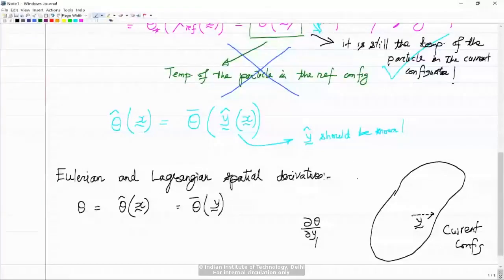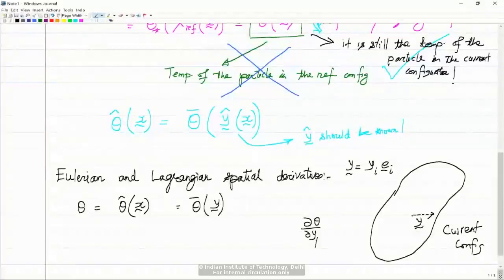If you denote y by y_i e_i, you are all familiar by now with the Einstein summation convention: whenever you have an index repeating, you have to sum over the index.